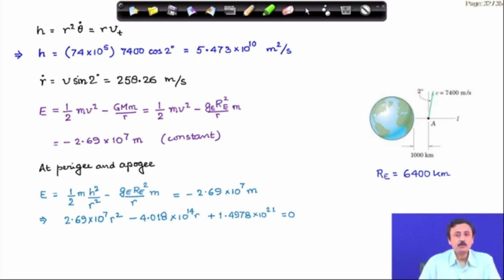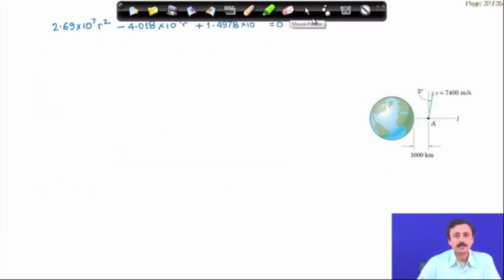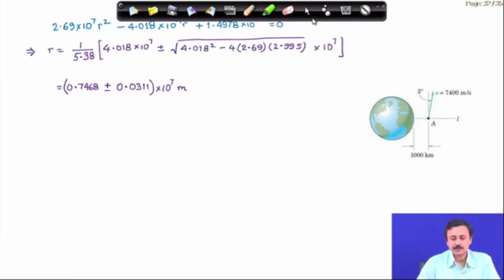Therefore, at perigee and apogee the values of R actually represent the R min and R max. If you solve this quadratic equation, it will have two real solutions, and you will get the R min and R max. This is what is expected.